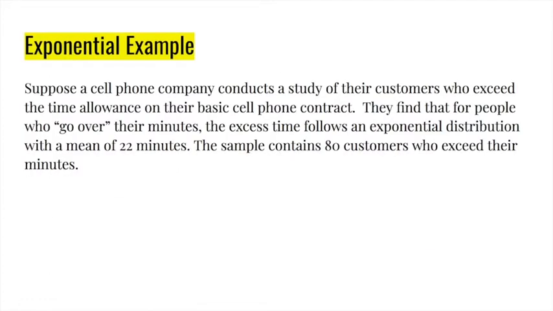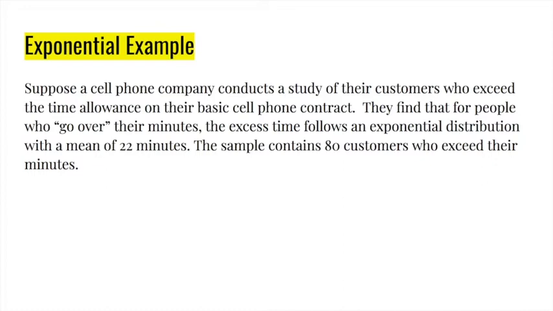Our second example is an exponential distribution example. This one has to do with cell phone companies and contracts and customers going over their minutes on their phones. Supposedly, the excess minutes, so the number of minutes that people go over their plan allotment, follows an exponential distribution with a mean of 22 minutes and a sample size here of 80 is what we're going to consider.